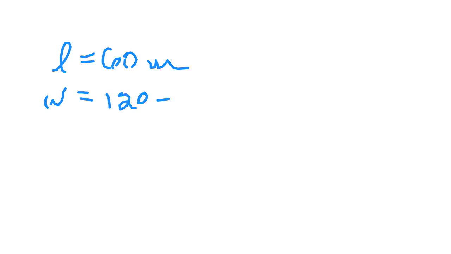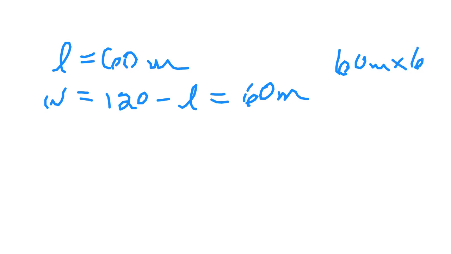So L is going to equal 60 meters, and then the width is 120 minus L, which in this case is also 60 meters. So it's going to be a 60 meter by 60 meter rectangular field. That would be the answer to part C.